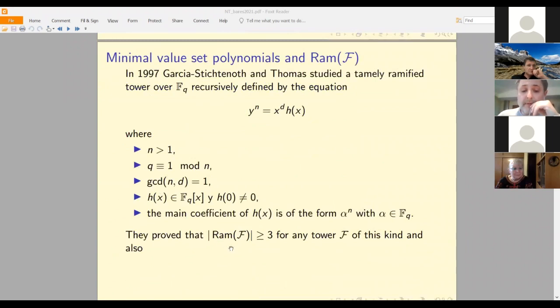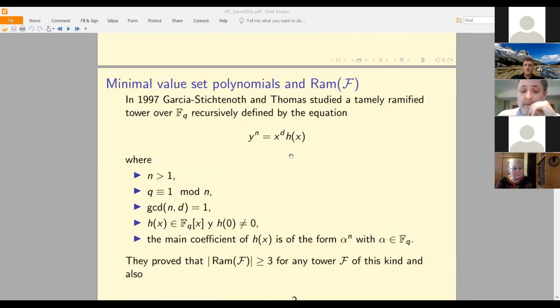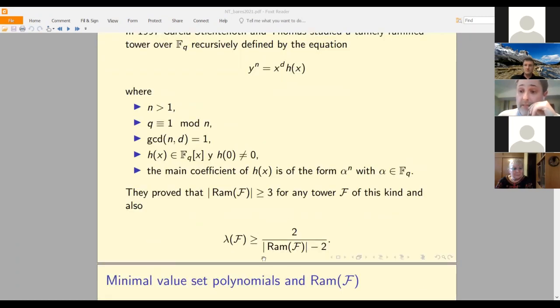And then you prove that the ramification locus is at least 3 in any tower defined by this equation. And you have an expression for the limit of the tower, which is this one here. So here appears again in the limit of the tower, the ramification locus of the tower.